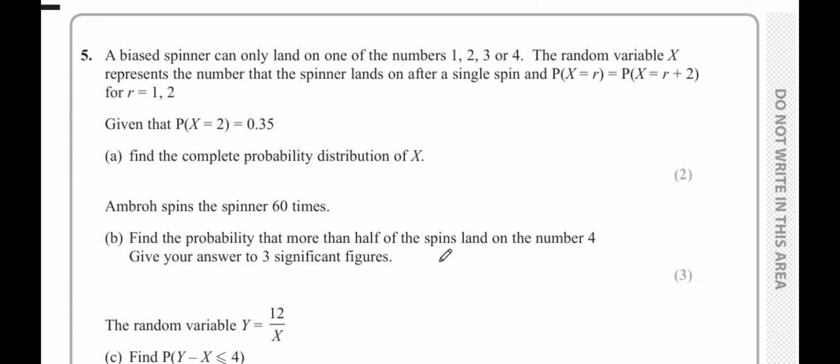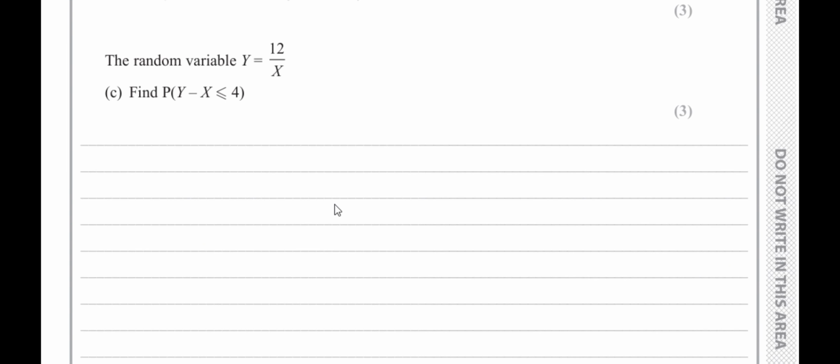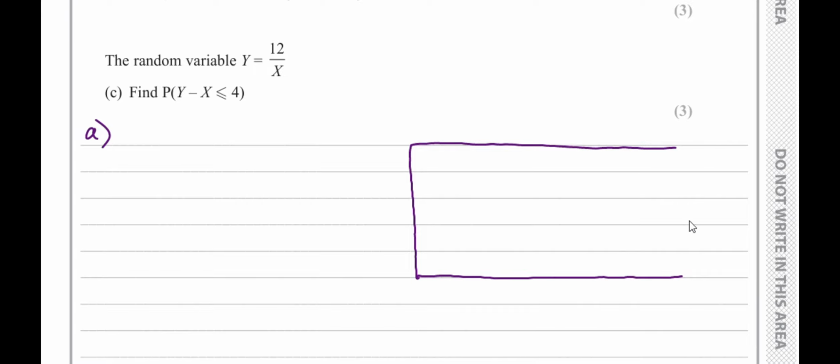So there are 4 possibilities, 1, 2, 3 and 4. And then we have to also write out the probability. So let's document this. Okay, so what does it say?